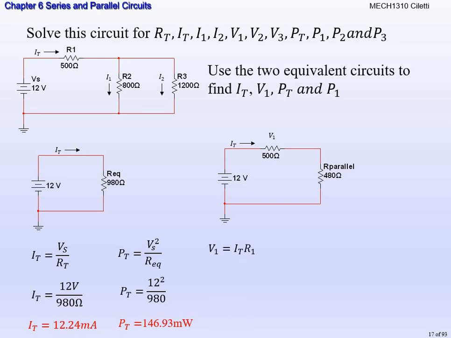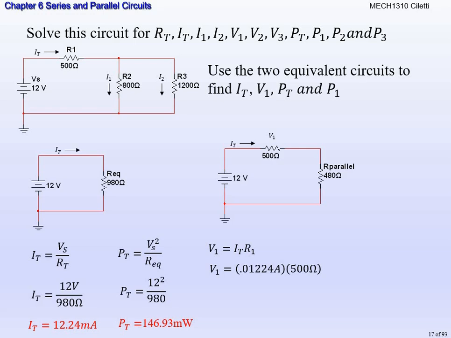Next, we can find the voltage drop across resistor 1 by using Ohm's law. Voltage equals current times resistance. Now we have to use IT, and we have to use the specific resistor R1. So V1, that's the voltage drop across resistor 1, so I have it labeled for you up there, is really just the total current, and make sure you use it in amps, not in milliamps when you do this calculation.